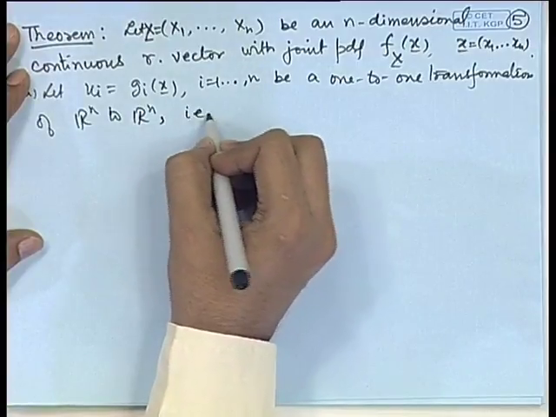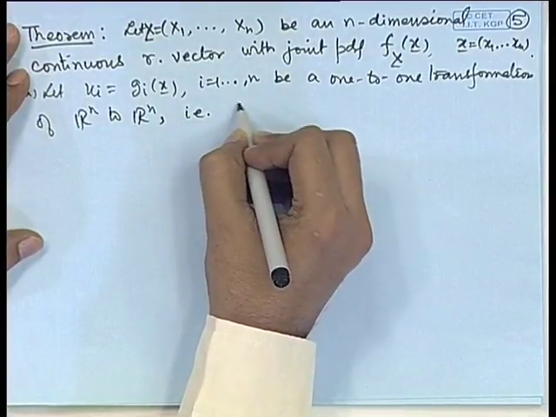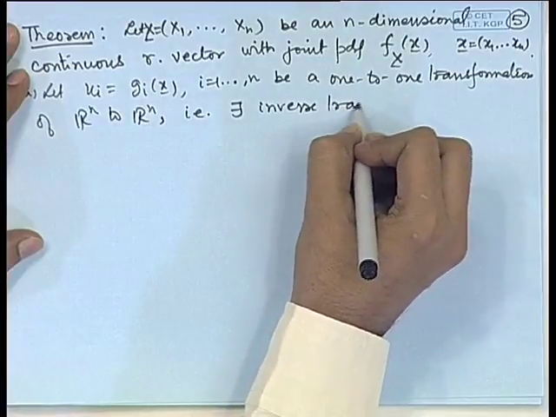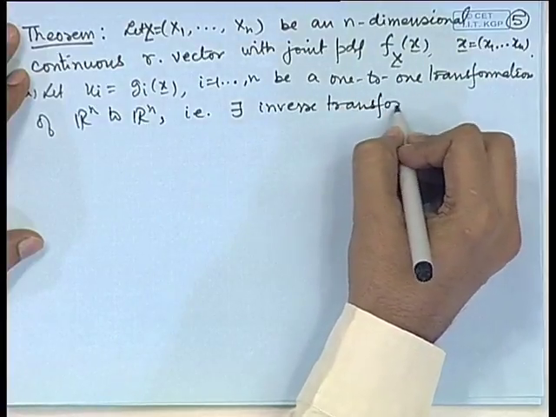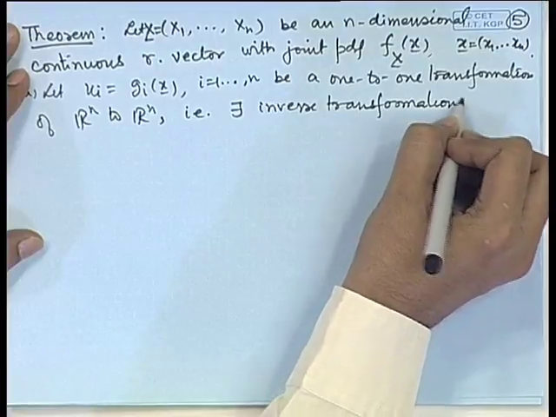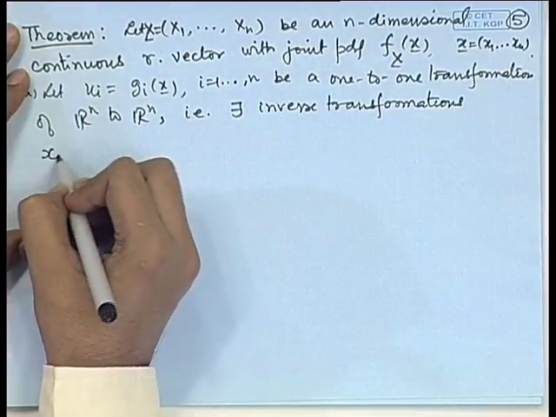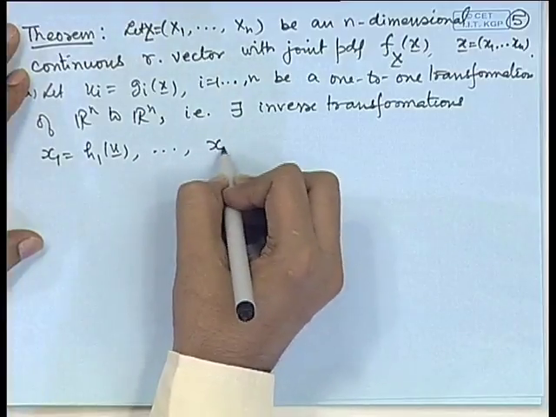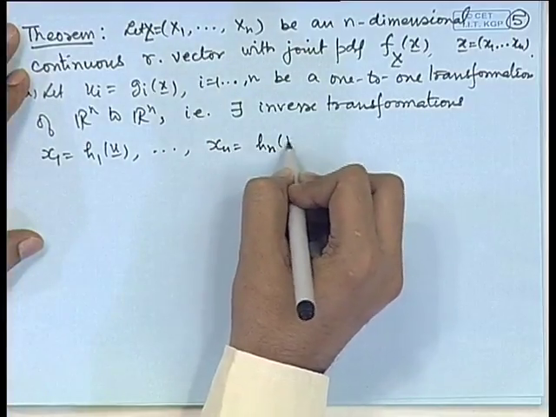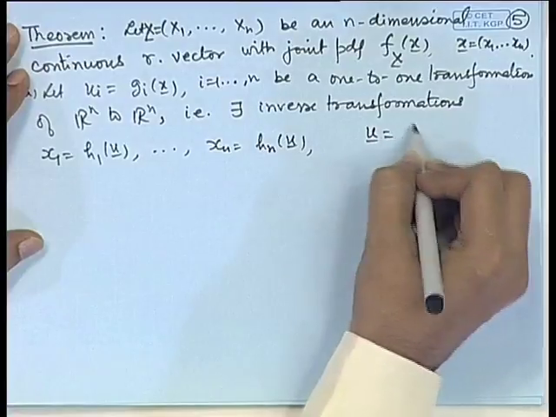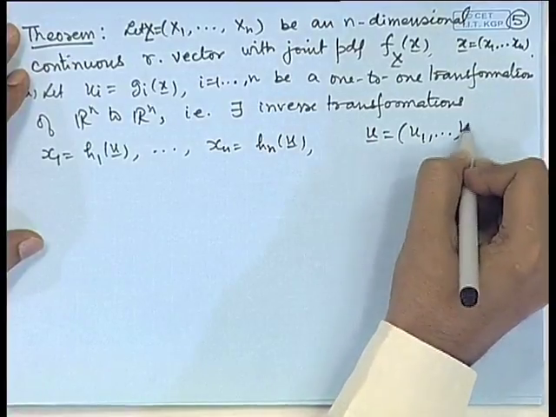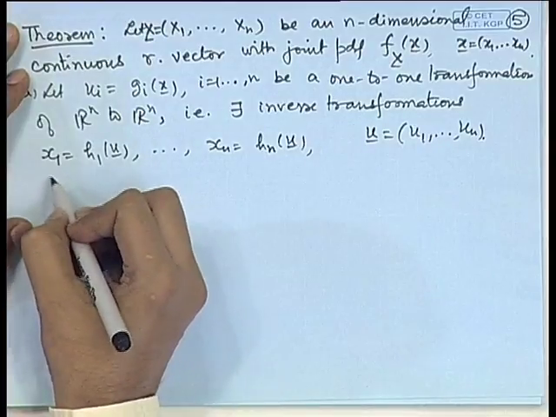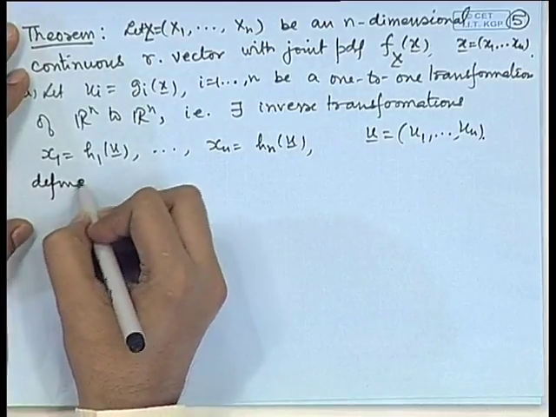That is, if I am taking 1-to-1, then there exist inverse transformations. Let us call them, say, x1 = h1(u) and so on, xn = hn(u), where u is (u1, u2, ..., un), defined over the range of transformation.